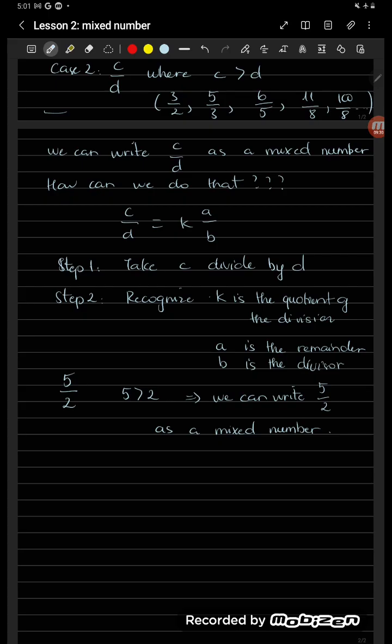We'll follow the steps here. Step 1, take c divided by d, so 5 divided by 2. Here 2 is called the divisor, and 5 is the dividend, right?